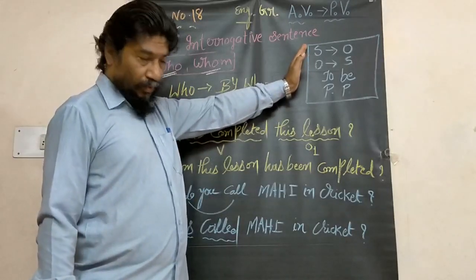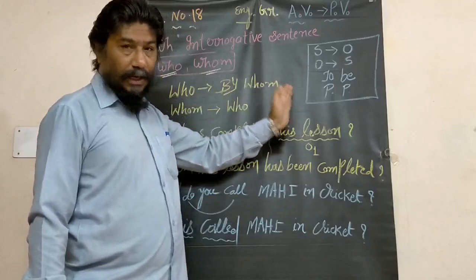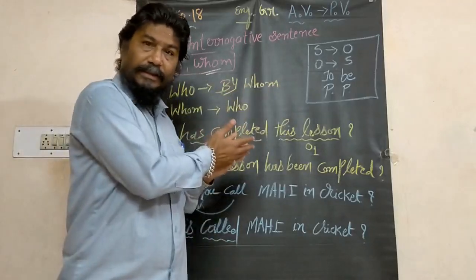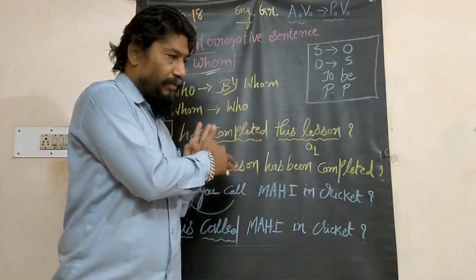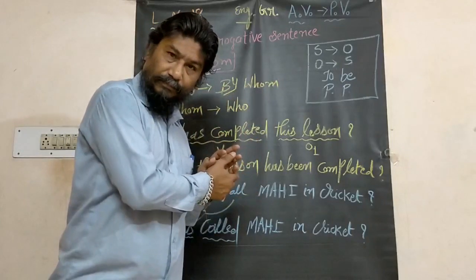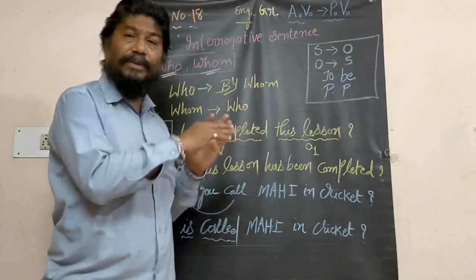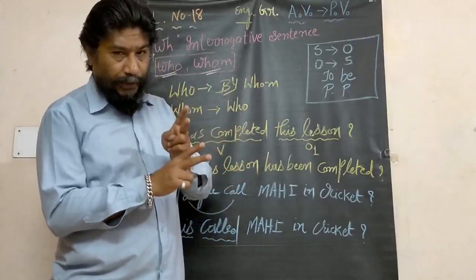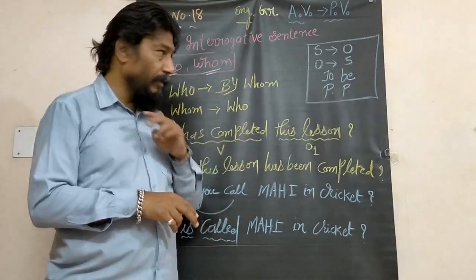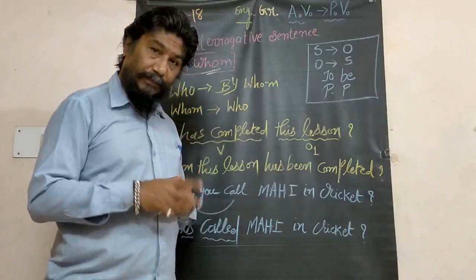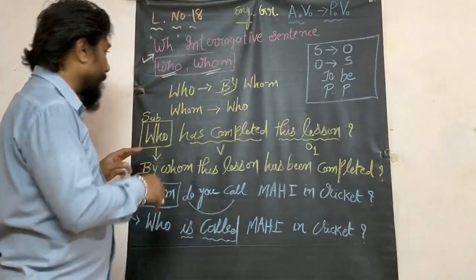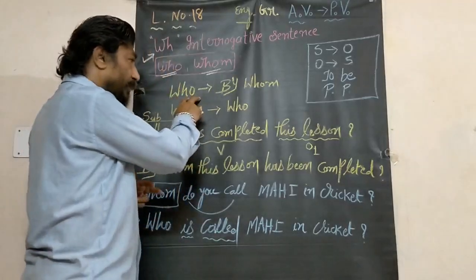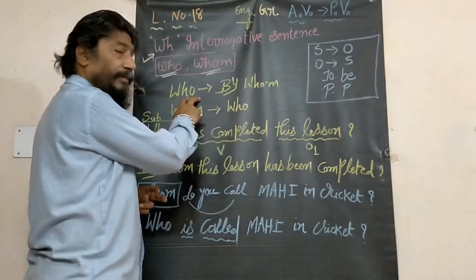S2O, O2S, 2B and PP. This is the shortcut key, the same shortcut key you will follow. Here also, you will follow the same shortcut keys, but with a little change. What's the change? Suppose the interrogative sentence is with who.